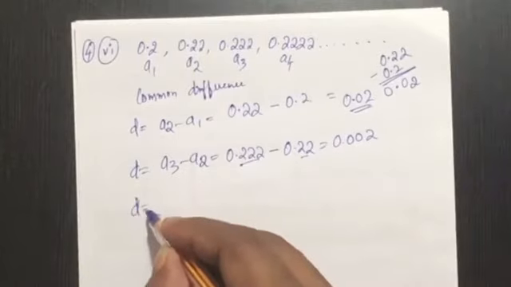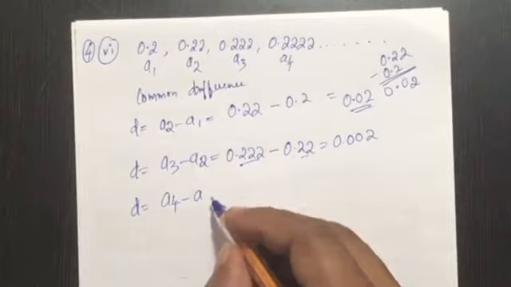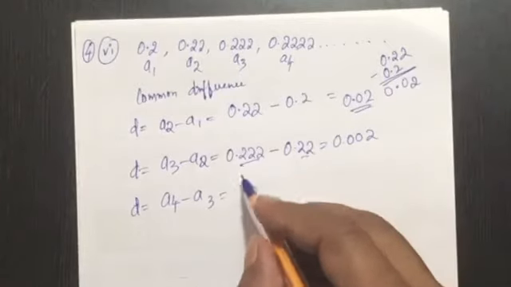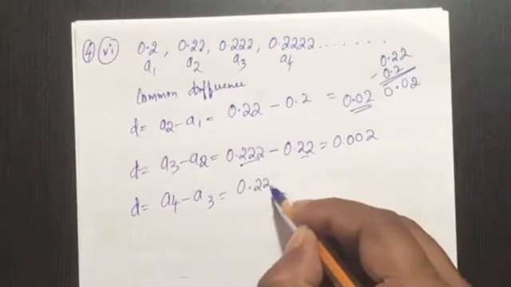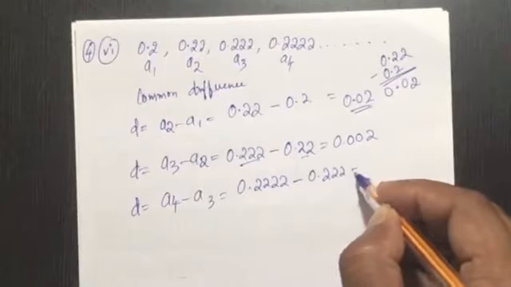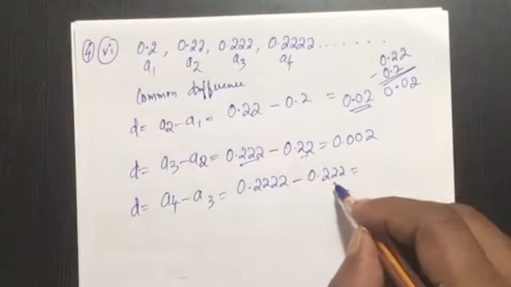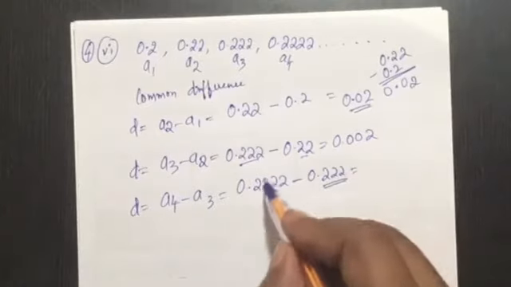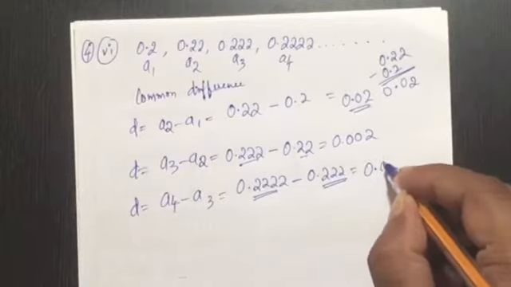Similarly, D is equal to A4 minus A3. What is A4? A4 is 0.2222 minus 0.222. So your value will be, here you have 3 places, here you have 4 places, so that will become 0.0002.